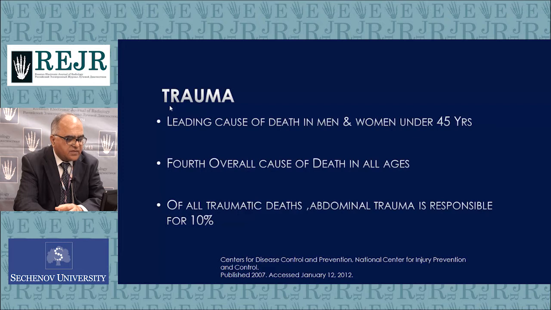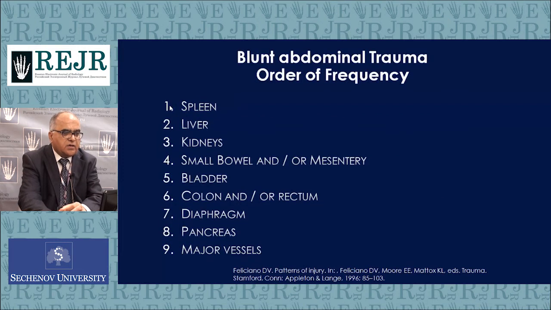In order of frequency, the spleen is the most injured organ, followed by liver, kidney, small bowel or mesentery, then bladder, and in the end major vessels can be ruptured in severely traumatized patients.